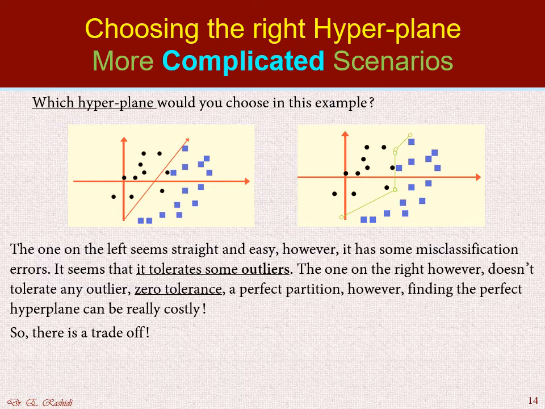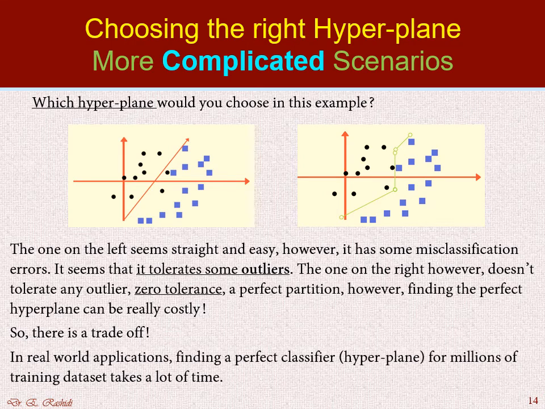The easy one that has misclassification error, but is easier to develop, or the one on the right, which has zero tolerance, no classification error, but also costly to develop. In real-world applications, finding a perfect classifier or hyperplane for millions of training datasets takes a lot of time. So we need to really have a trade-off policy here. So most of the time we have to go with the left one, and it depends.